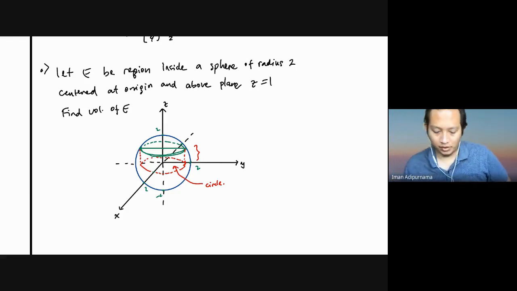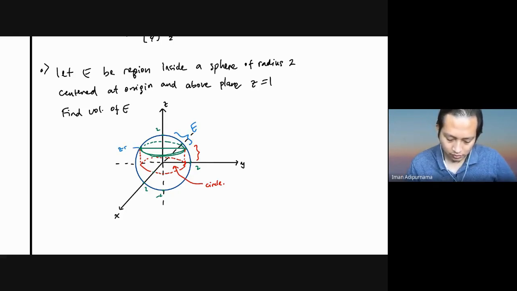And where is our E? Our E is on this part, above z equals 1.